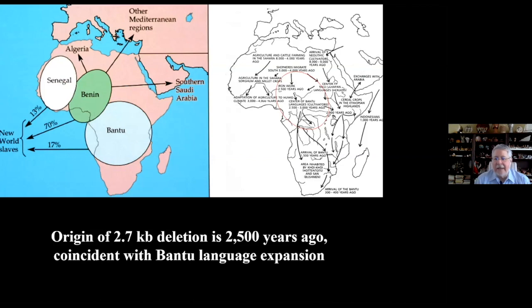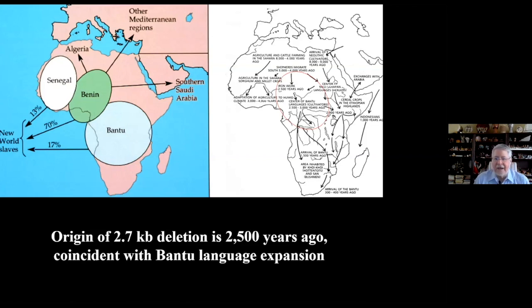When we look at this same deletion, that is that same genetic signature in that OCA2 gene, we find that this has been present in the Bantu language culture for more than 2,500 years and is coincident with the expansion of the Bantu-speaking peoples.